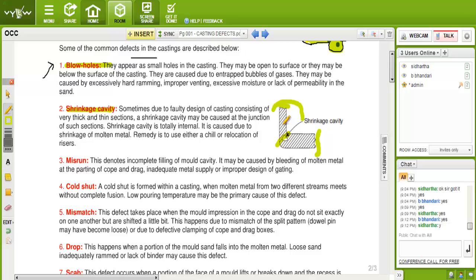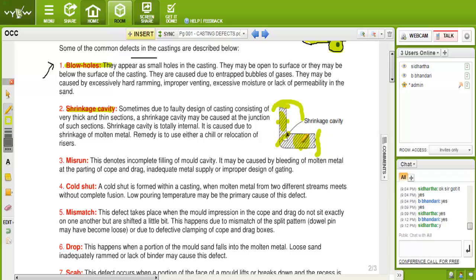So because of this property of solidification, see here the area is much bigger than that. So here the volume is also bigger. So the volume of the metal here is much higher than the volume of the metal at that end.